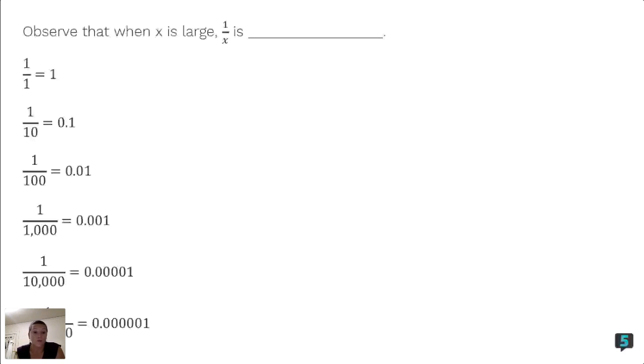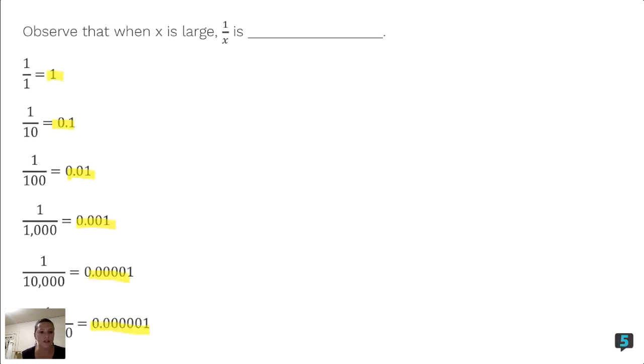Yeah, great. It's small. Any thoughts on how small it is? Yeah, I mean, it's really, really small. It's basically 0. So if you look at this pattern that we've developed so far, I could keep going.